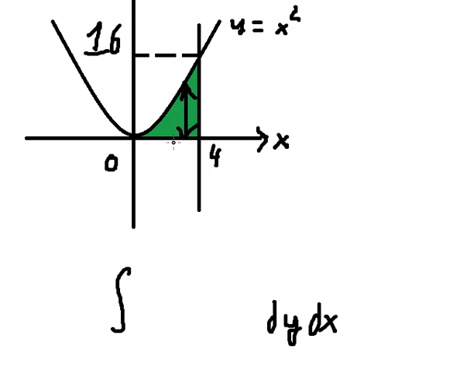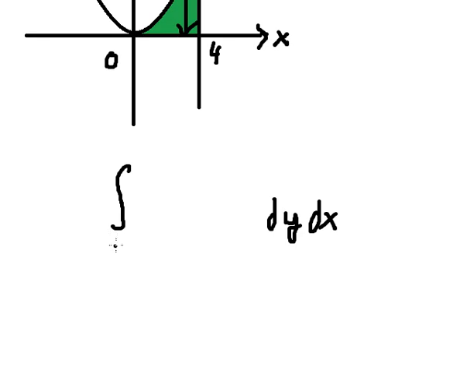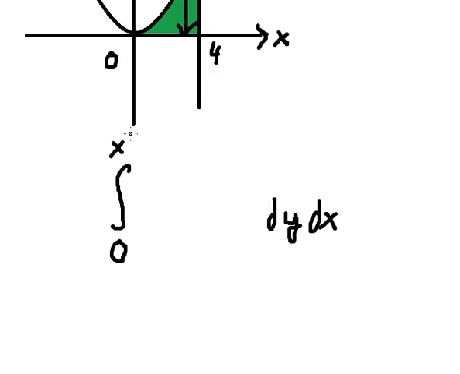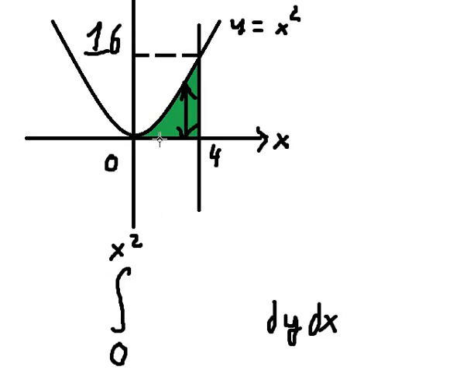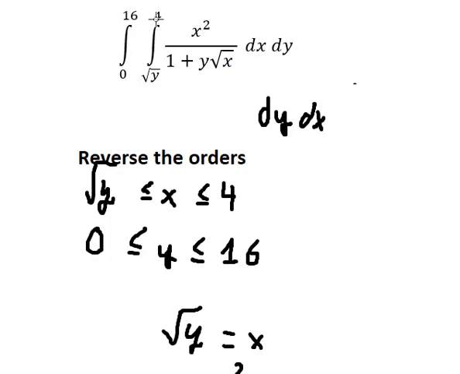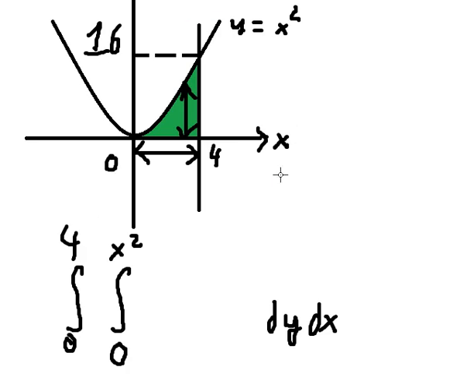So we can see that y is greater than or equal to 0 and smaller than or equal to x squared. For x, that should be from 0 to 4. And the function should go here.